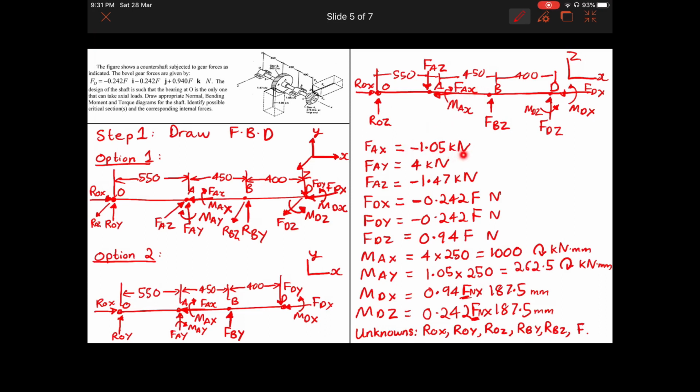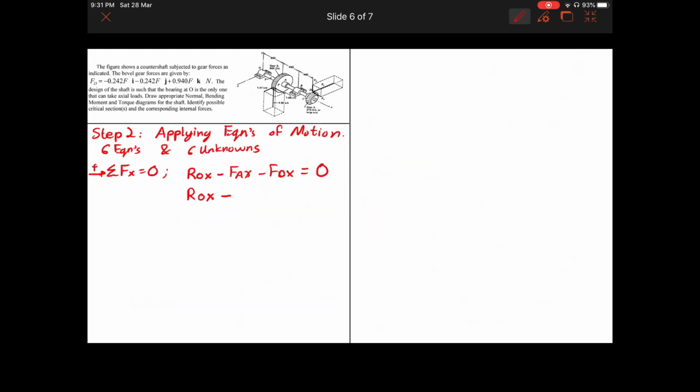So the value is 1.05 kilonewton and FDX is 0.242 F. So this is minus 0.242 F, which is FDX, and FAX was 1.05 kilonewtons, and this is in newtons, equal to 0. So this is our first equation.